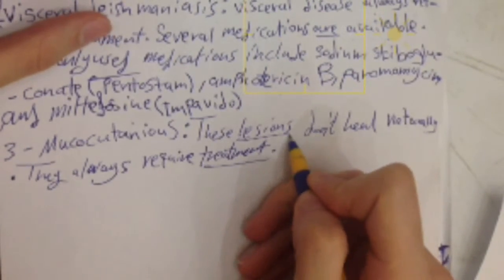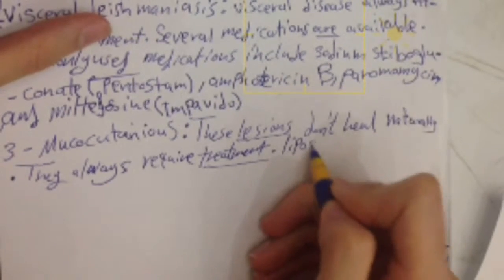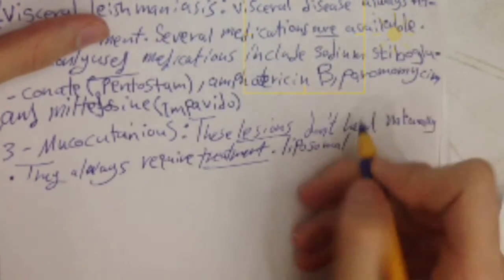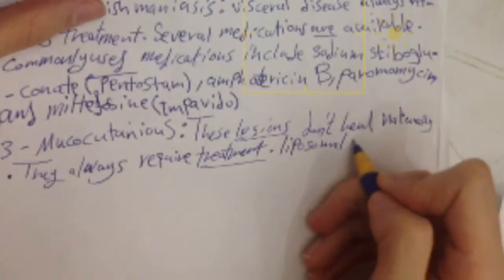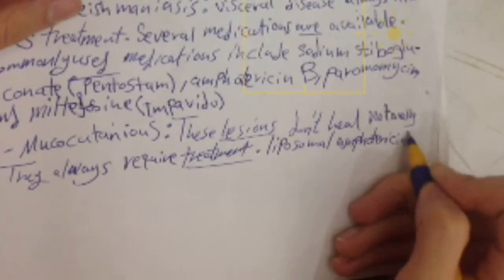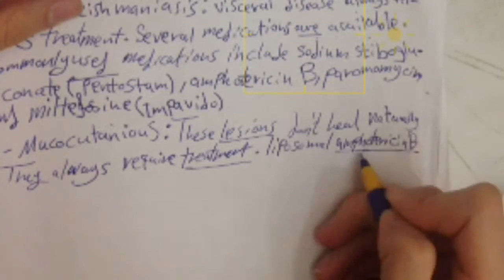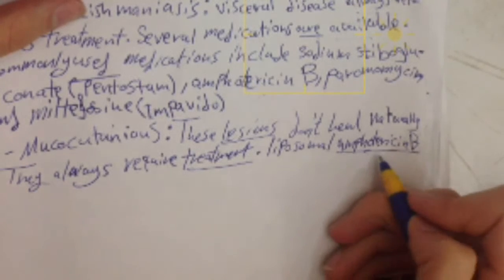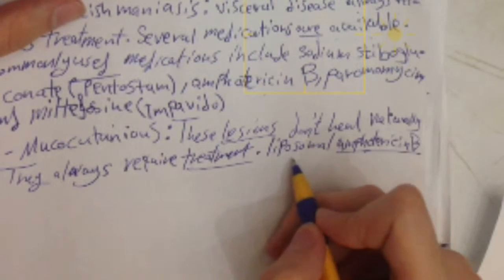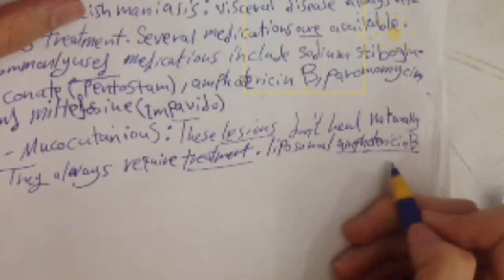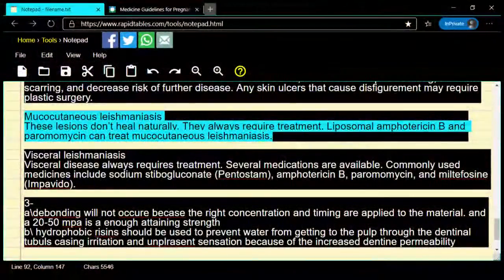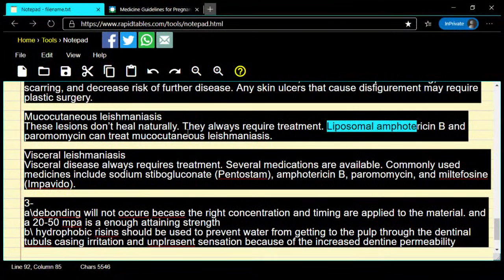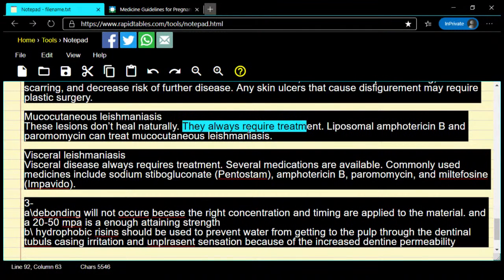Then we have the liposomal amphotericin B. This here is the amphotericin B. Liposomal amphotericin B. Here, these require treatment.